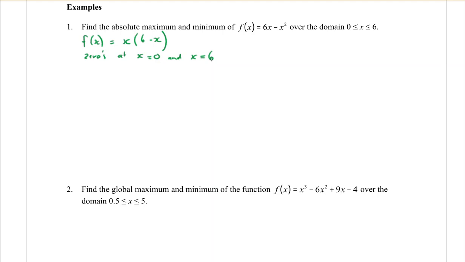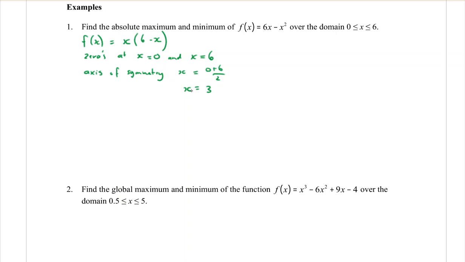Because we know this is a parabola, that then makes it really easy to find the turning point, because the turning point is always right in the middle of those 2 things. So that's the axis of symmetry, and all I have to do is average. I go 0 plus 6 divided by 2, which is obviously going to be equal to x equals 3.